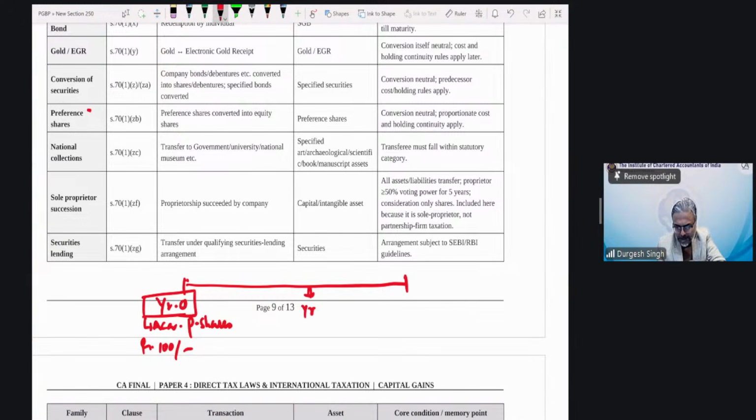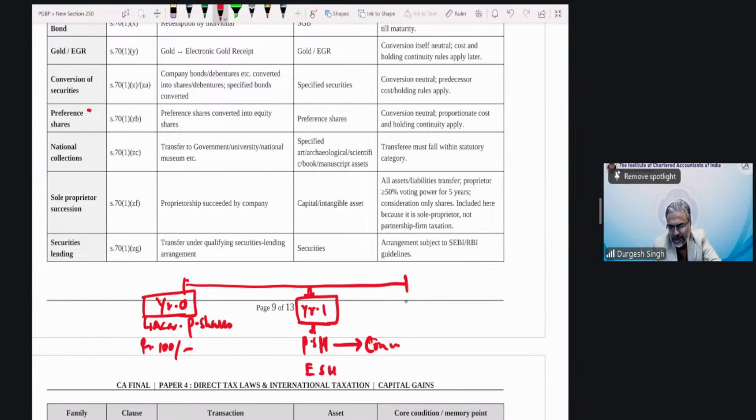Now what happens over here? Say year number one. These are convertible preference shares, students. So the preference shares got converted to equity shares. Fine.